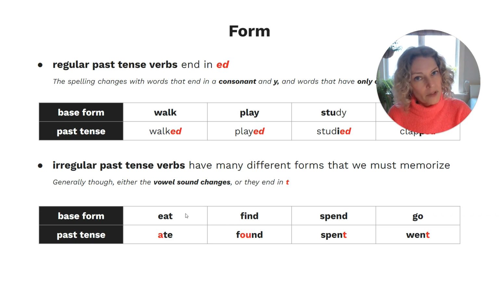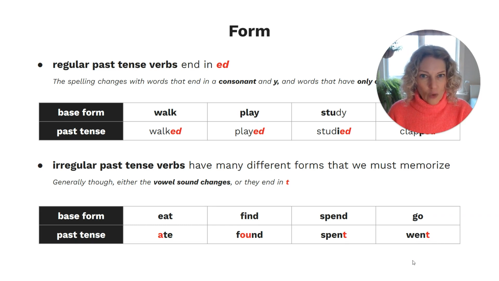Find becomes found. So you're going from an I sound to an ow sound. Spend becomes spent with the T at the end. Go changes completely into went, but there's still that T at the end. So maybe that can help you a bit to learn those.